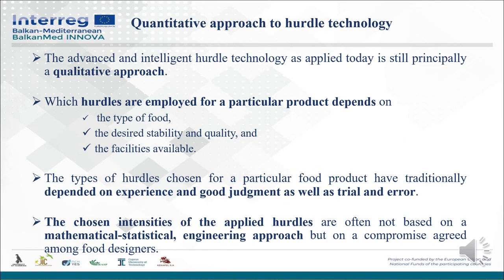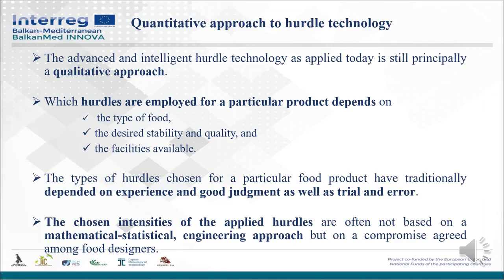Quantitative approach to hurdle technology. The advanced and intelligent hurdle technology, as applied today, is still principally a qualitative approach. Which hurdles are employed for a particular product depends on the type of food, the desired stability and quality, and facilities available.